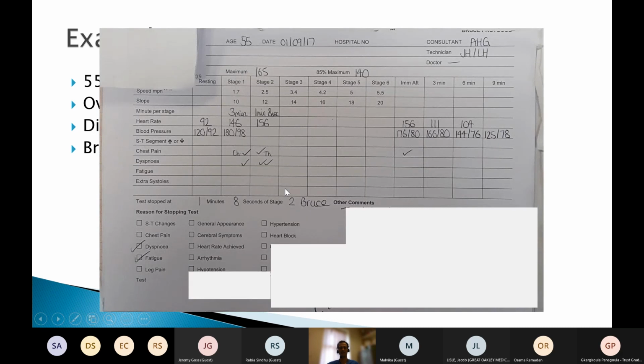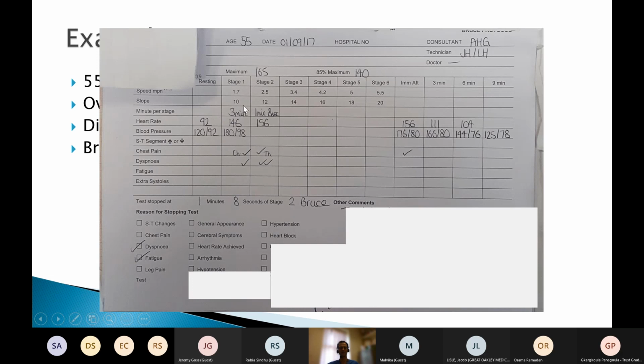And you get lots of useful information on the first page. So you can see that their maximum heart rate should be 165, and 85% of the maximum therefore is 140. This is just 210 minus the age. And we can see what heart rate the patient achieved. So here they got up to 156, which is well over the 85% of maximum.